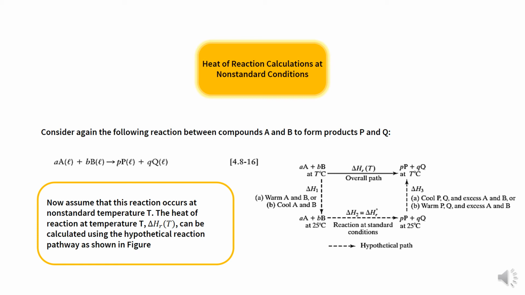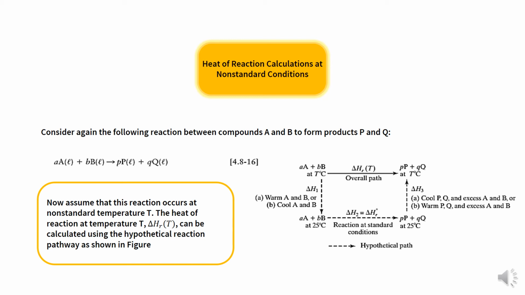The heat of reaction at temperature T, delta H_R(T), can be calculated using the hypothetical reaction pathway as shown in the figure. The first step on the hypothetical path is to either warm or cool the reactants from T degrees Celsius to 25 degrees Celsius.